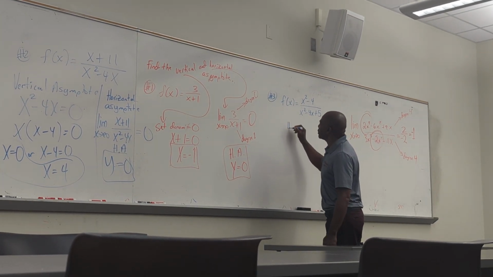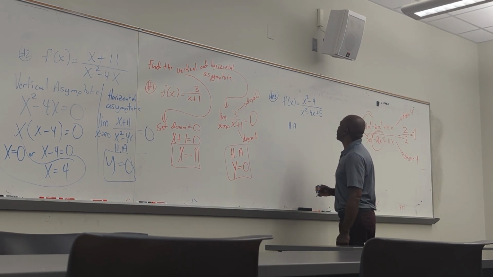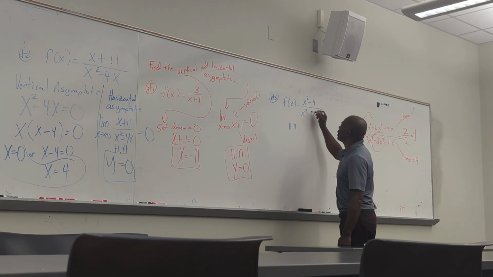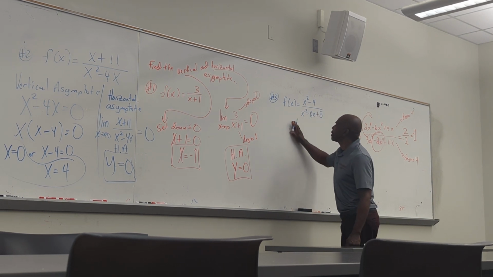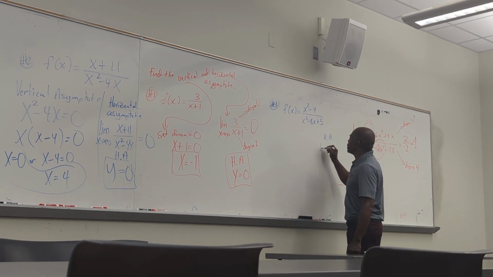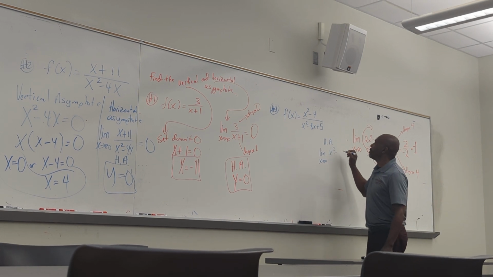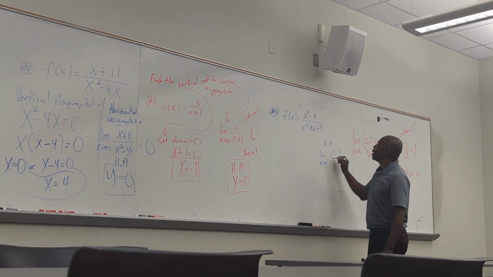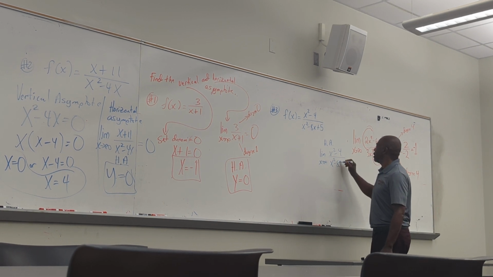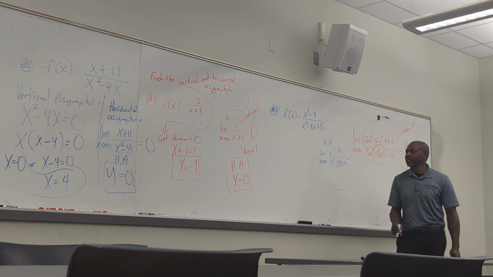I want you to find the horizontal asymptote for me. For the horizontal asymptote, remember that's when we take the limit as x goes to infinity of x squared minus 4 all over x squared minus 8x plus 5. Can y'all just look up here and tell me what the answer to this is?